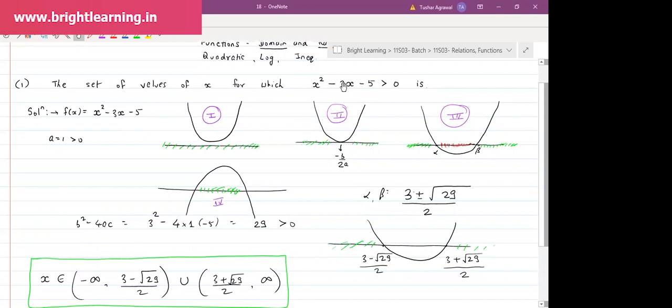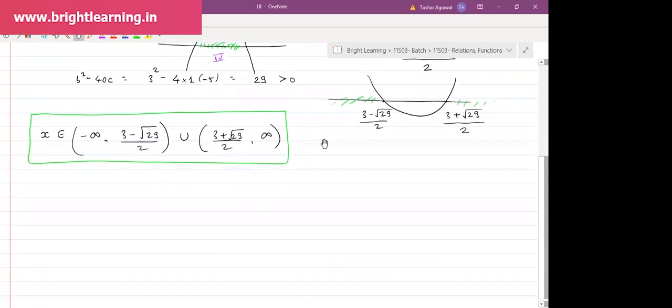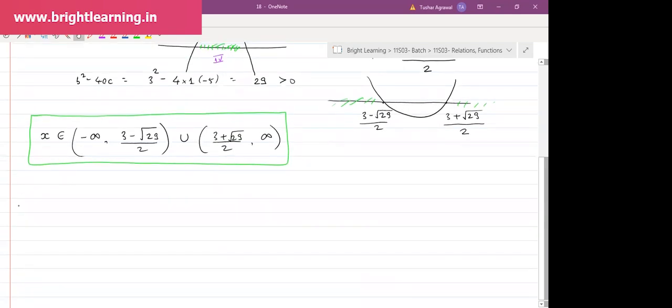Now, on similar lines, the next question is there. Now I will just change the middle value. I will make it a little more complicated.